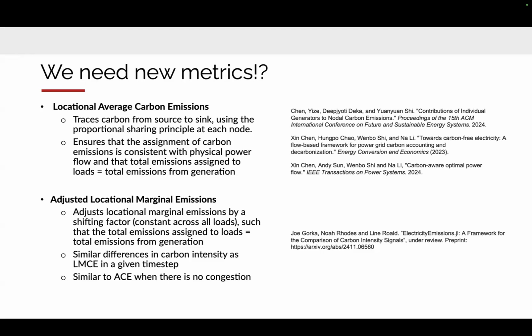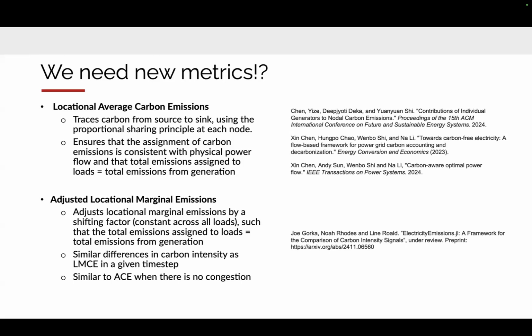We also tried a different new metric that we proposed, which is adjusted locational marginal emissions. And here the idea is just that you use the locational marginal emissions, but you adjust them by a constant shift factor just to align such that total emissions that are assigned across all loads is equal to the total emissions from generation.